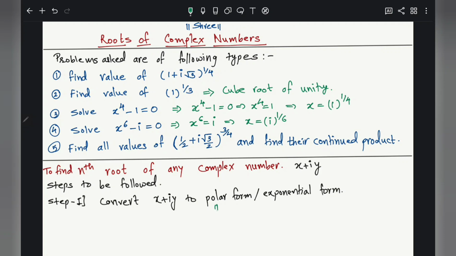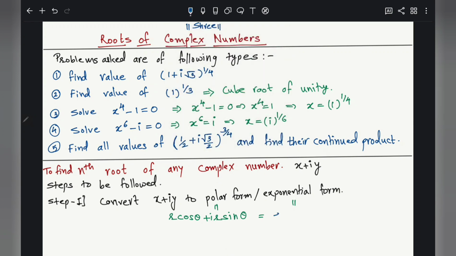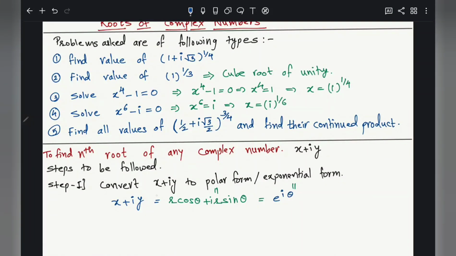Polar form is written as r cos theta plus i r sin theta. And what is exponential form? It is written as r e raised to i theta. And x plus iy, we say it is a Cartesian form, right? So our first step is to convert the given complex number to its polar form or exponential form.